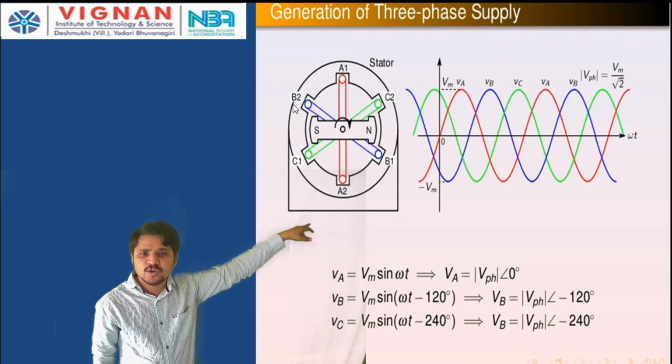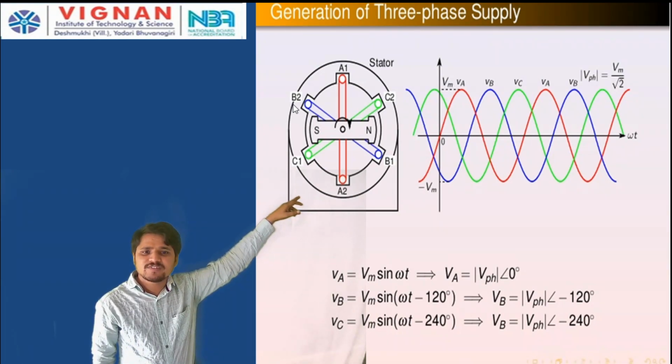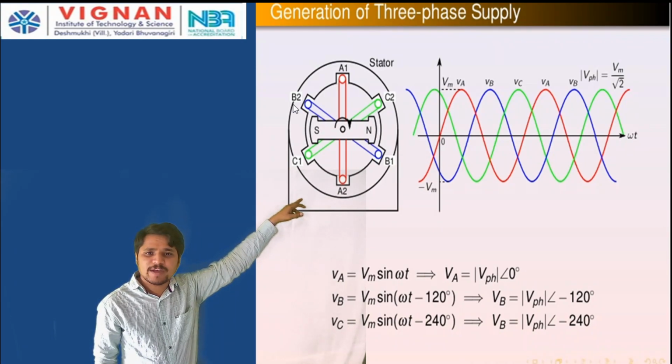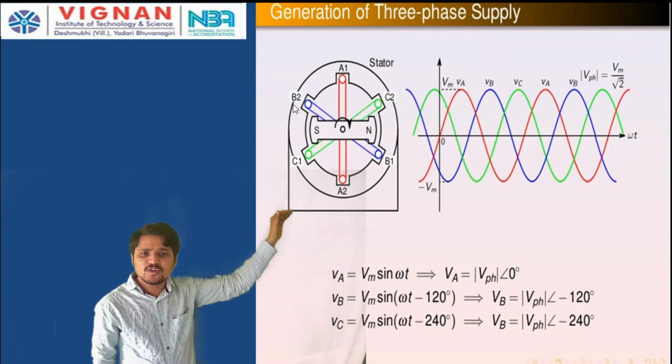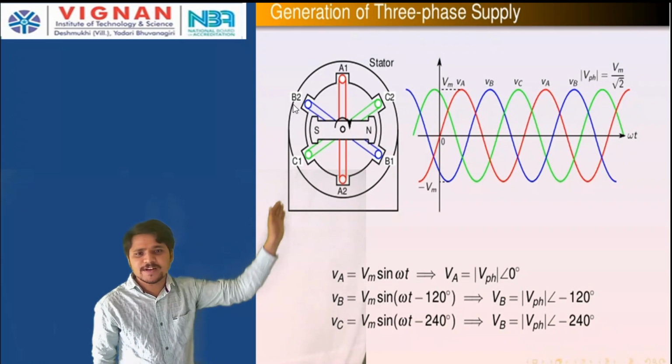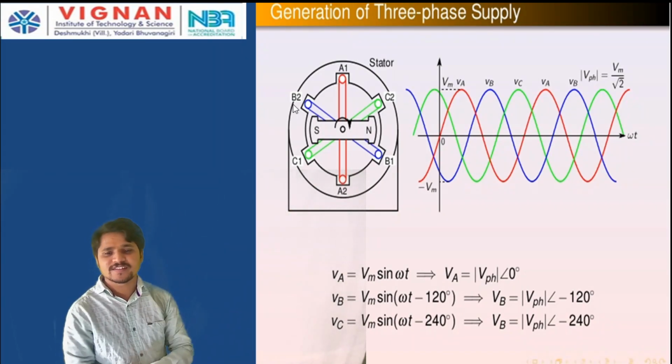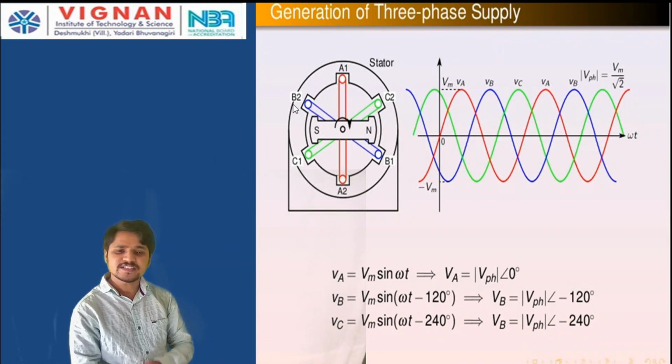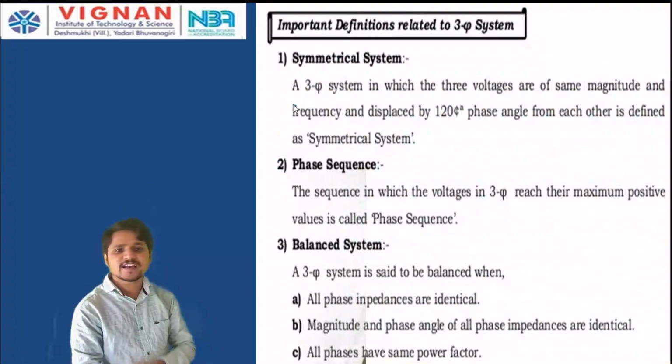Starting at 0, the A waveform starts and reaches the maximum value VA at some angle. The maximum value for the A phase is VA, and after VA, VB. After VB, VC. That means the phase sequence is ABC. Phase sequence is ABC.